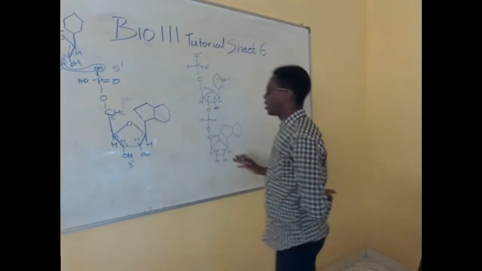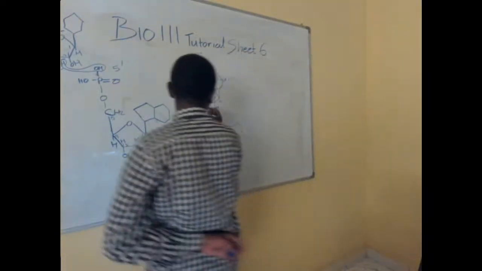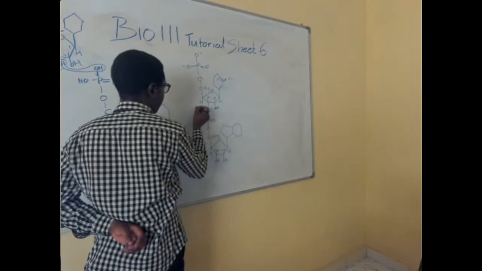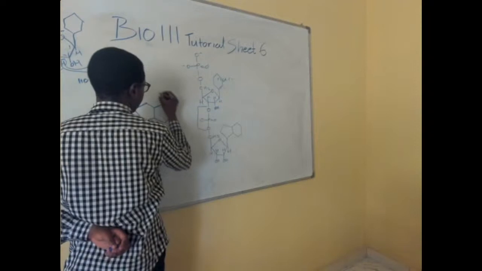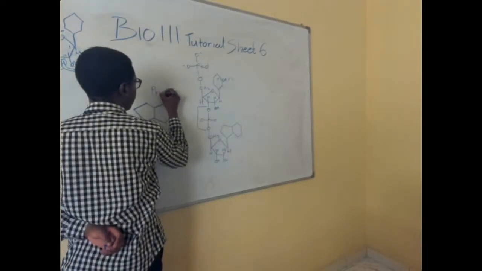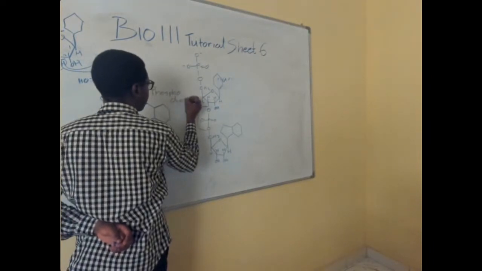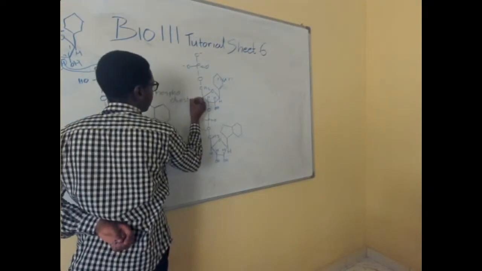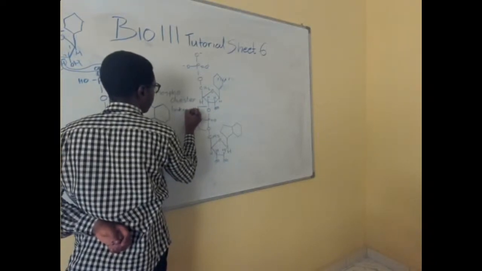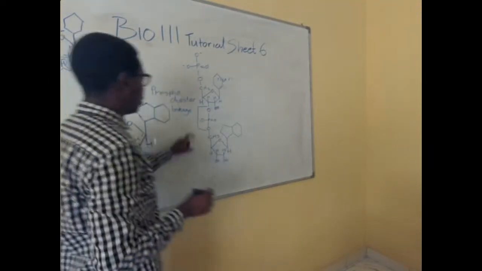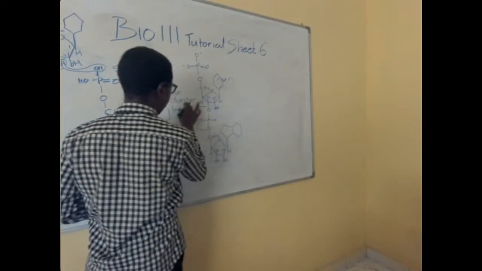So this is the arrangement that we are going to have, and this linkage is referred to as the phosphodiester linkage. Because this phosphate group has two ester bonds, that's why it's diester.